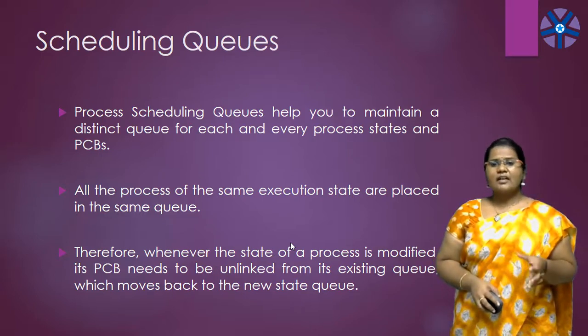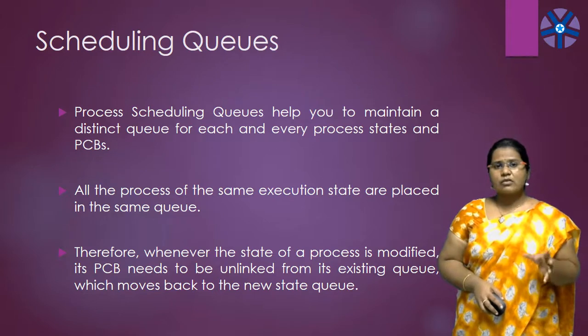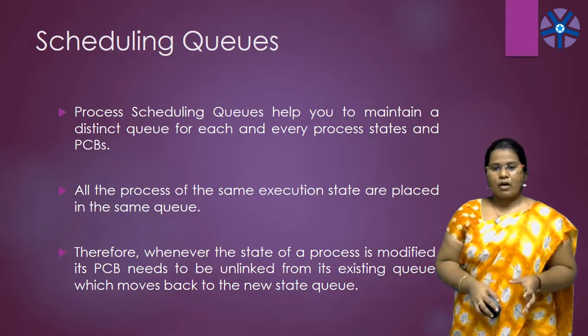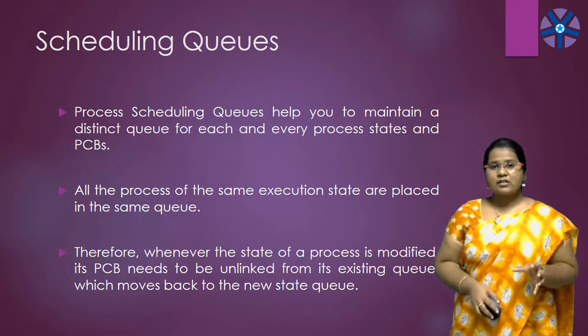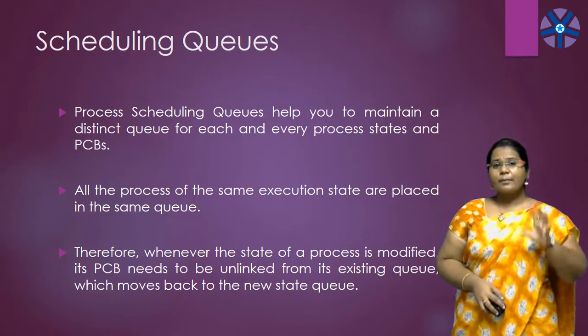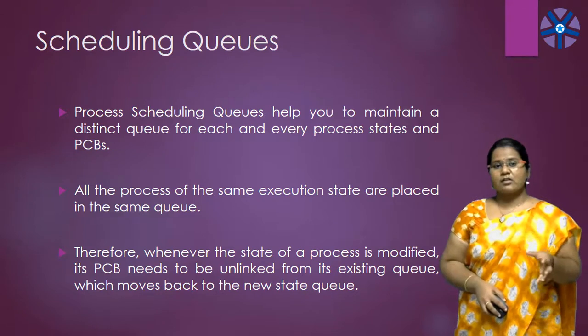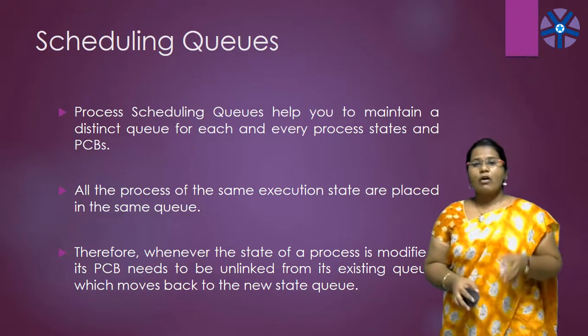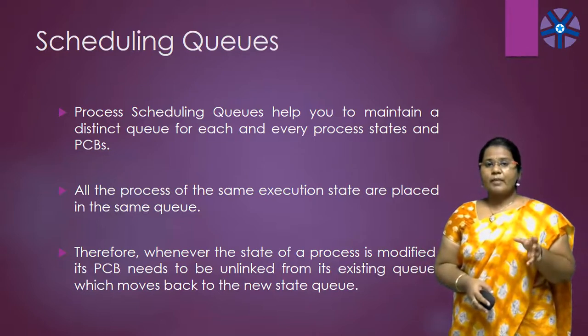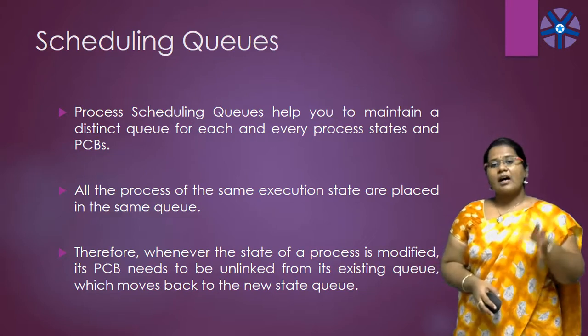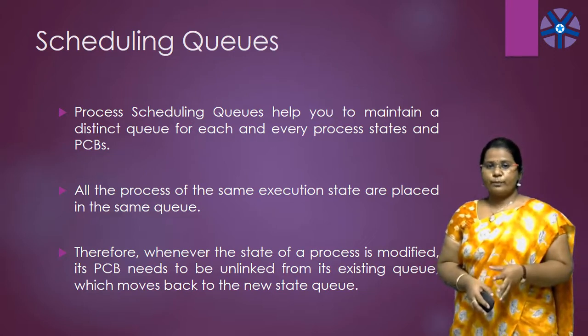Each process's state is stored in the process control block, and that state is read by the operating system, and based on that state each process is placed in a particular queue. When there are multiple processes to be executed at the CPU, those processes which are in the same state are placed in the same queue.